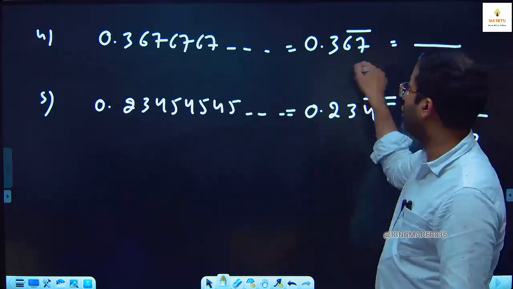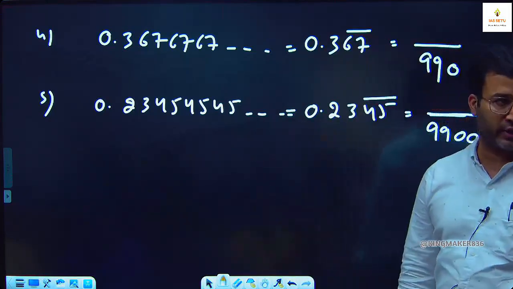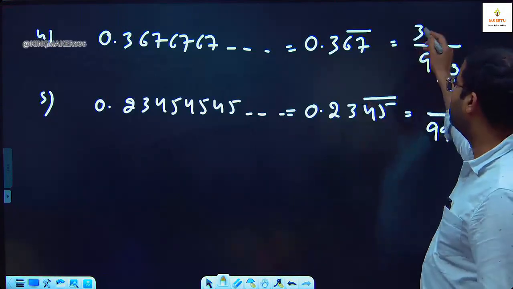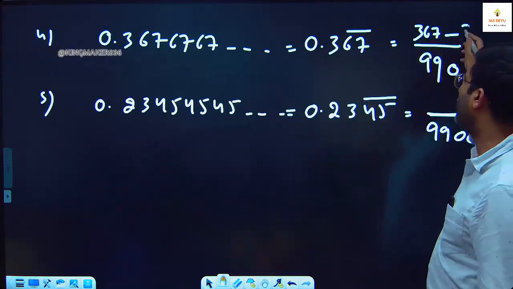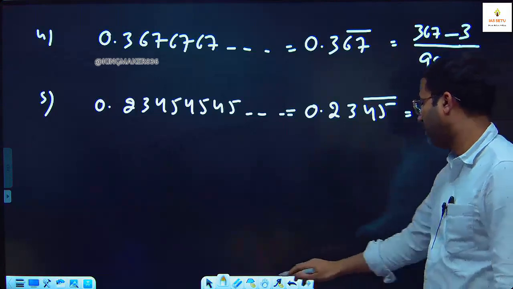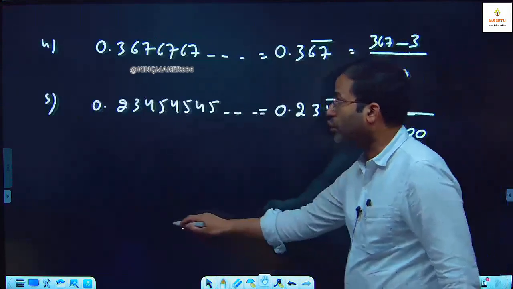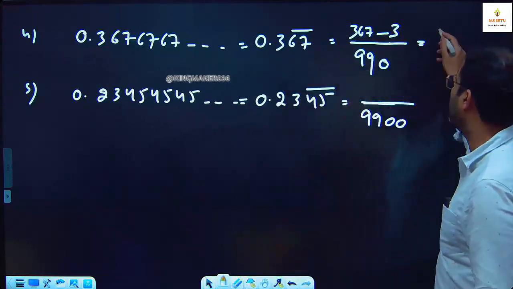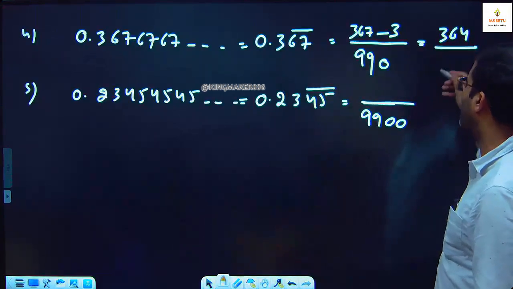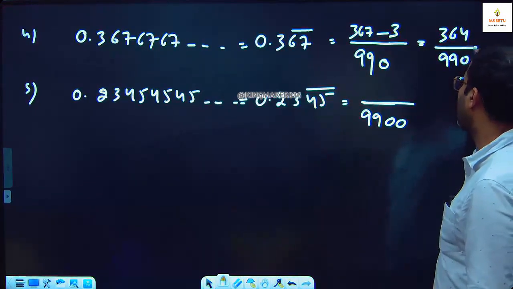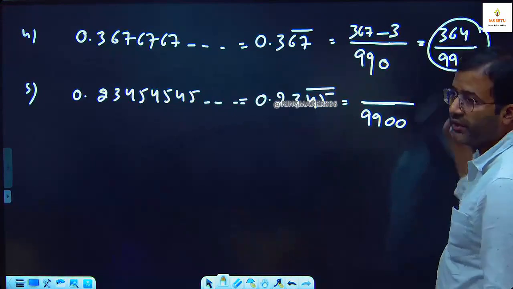Numerator, total number minus non-recurring part. What is total number? 367. What is non-recurring? 3. So here this is 364 divided by 990. You have to simplify.